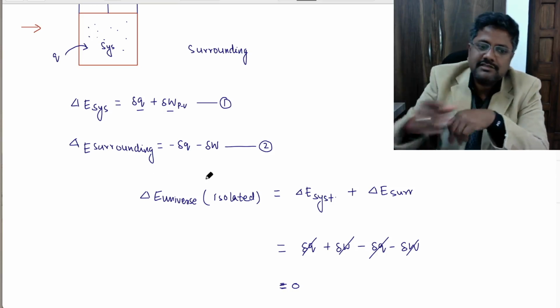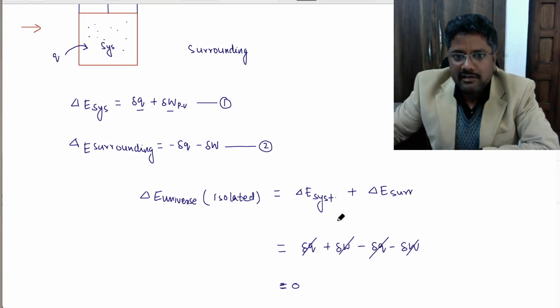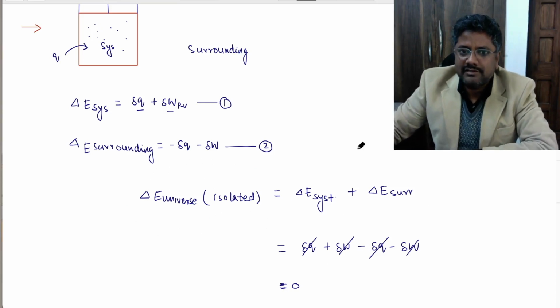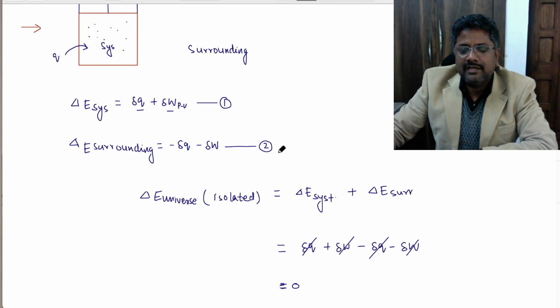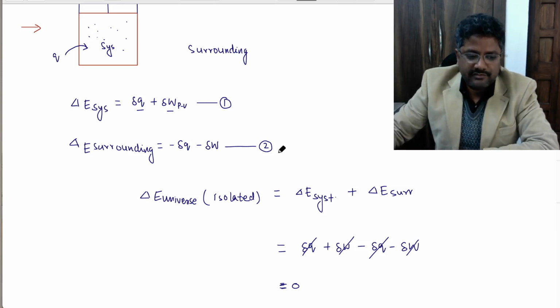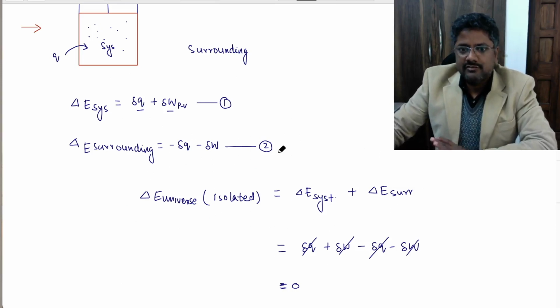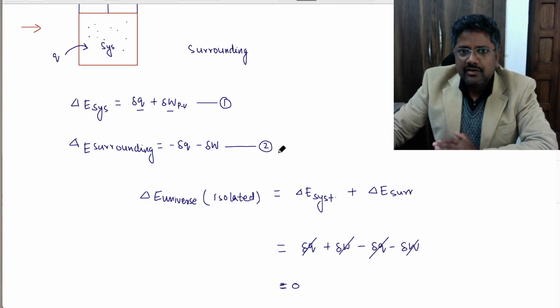So this is called what? The law of conservation of energy. This is how you can prove that the first law of thermodynamics is basically the law of energy conservation, right? So now we have different formulas for this.